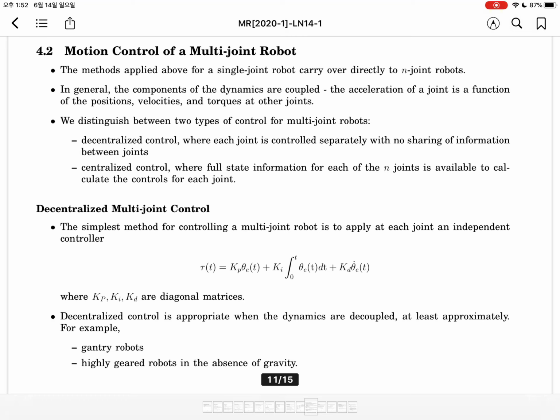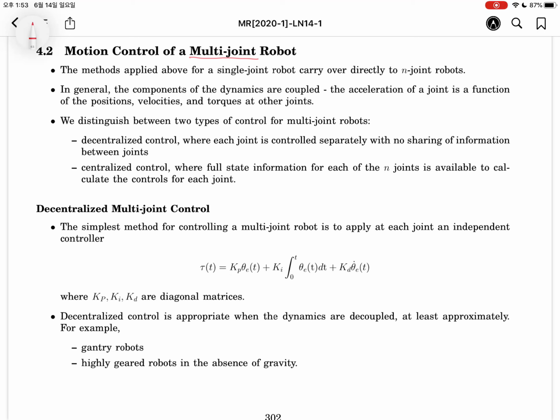Okay, let's move our attention to the multi-joint control. Actually, we have already talked about multi-joint. Okay, it's not difficult.